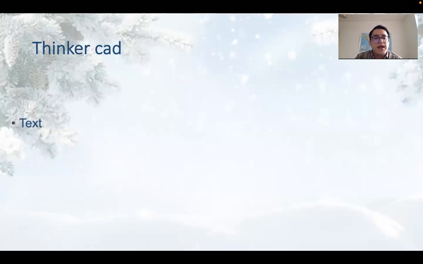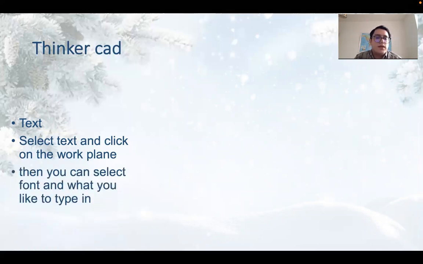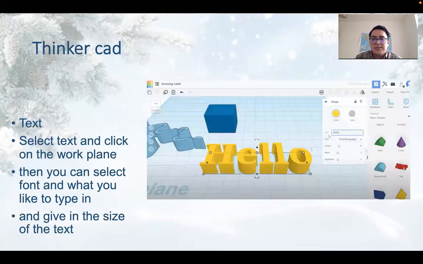Next, we have the text option, which helps you to select a text and click on the work plane. Then you can select the font and what you like to type in, and give in the size of the text that you need.